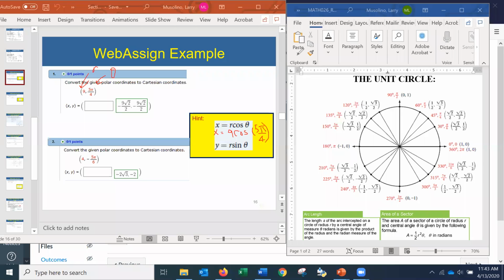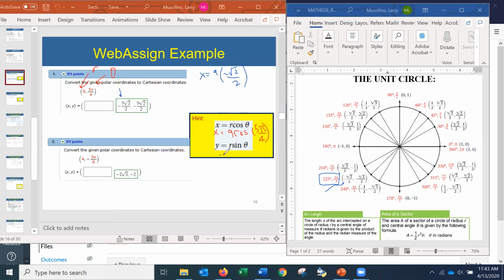Here's the angle 5 pi over 4. I want the cosine, and the cosine is the first number here. So the X value is going to be 9 times negative square root of 2 over 2. Okay, so here's that answer.